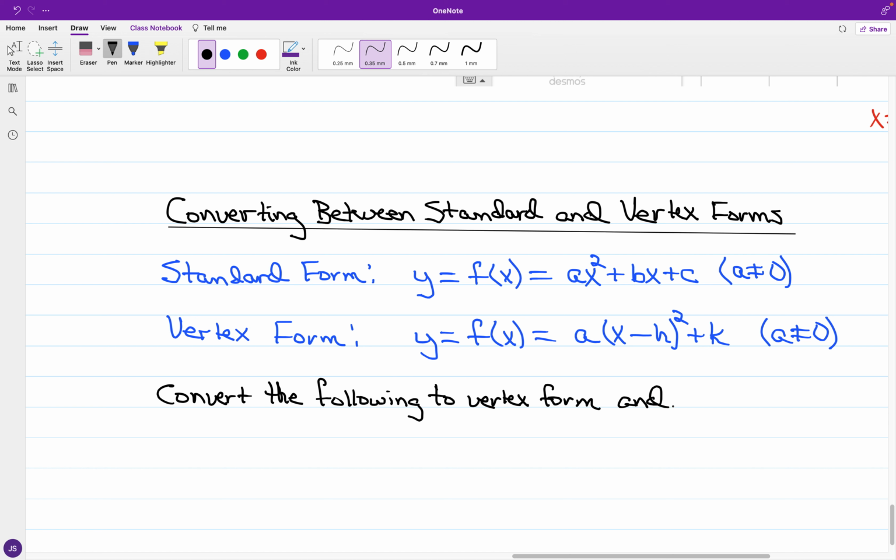And once you convert to vertex form, determine what the vertex will be.